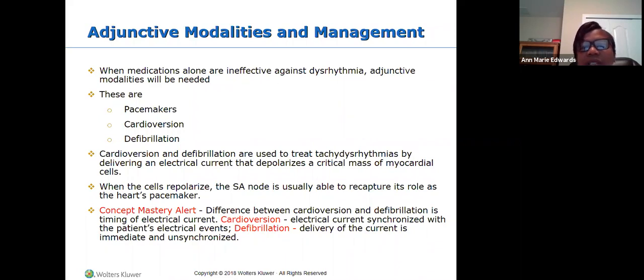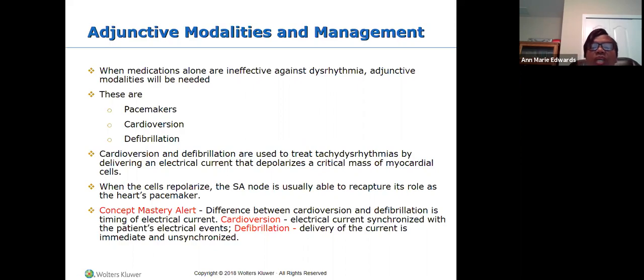Cardioversion and defibrillation are used to treat tachydysrhythmias by delivering an electrical current that depolarizes a critical mass of myocardial cells. And we know what depolarization means. The poles have now changed. So we depolarize the cells and allow them to repolarize. When they repolarize, or go back to rest, the sinoatrial node is able to recapture its role as the heart's pacemaker.